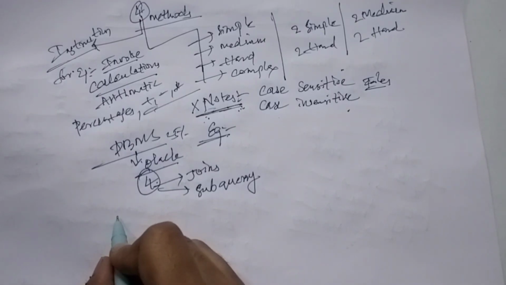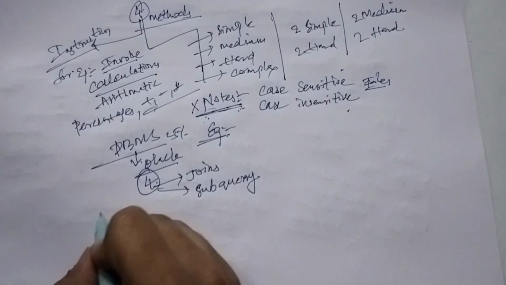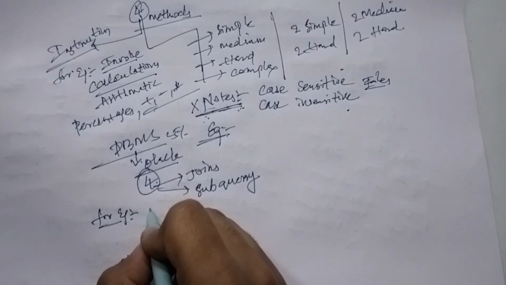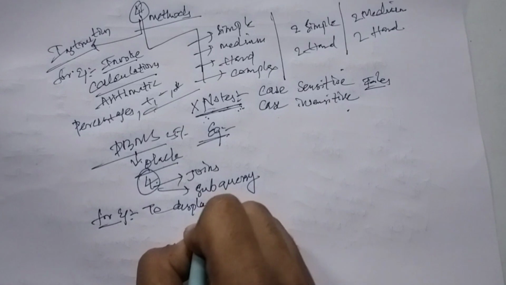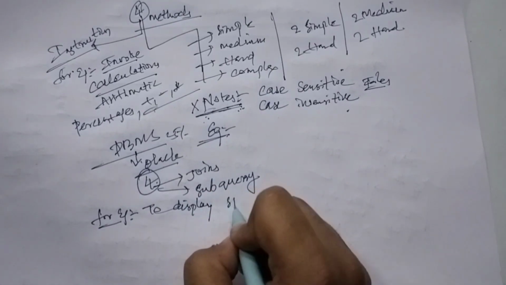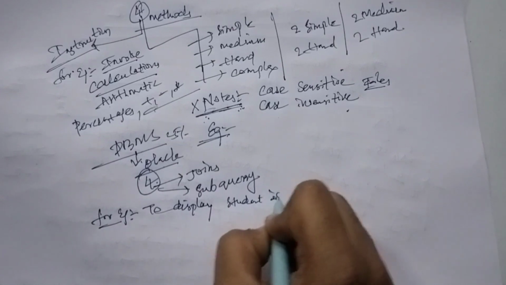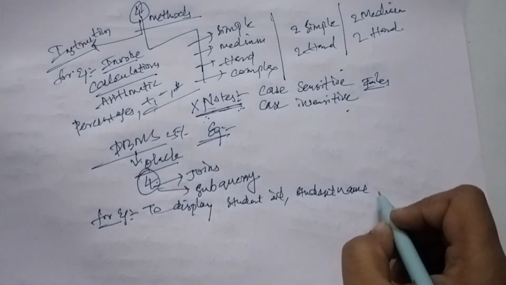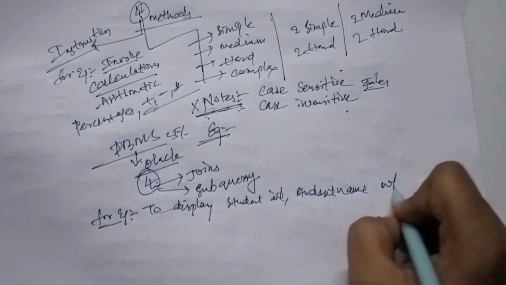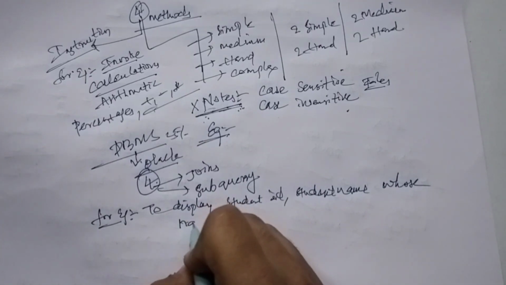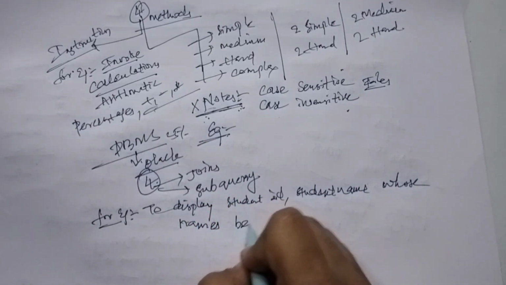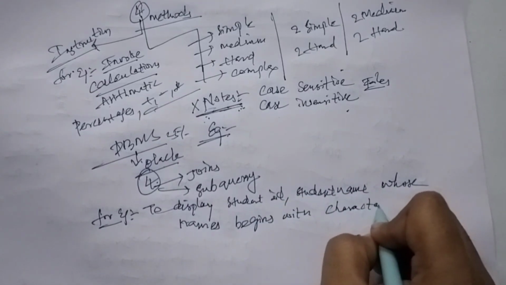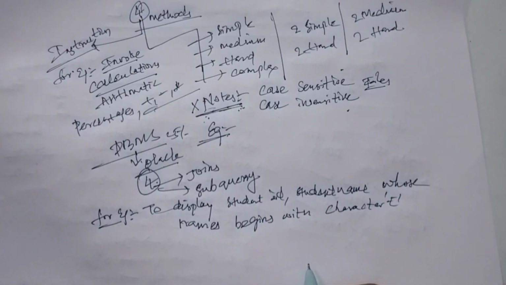I will give a simple example here. For example, I will ask a query like: write a query to display student ID, student name whose name begins with character E. So how can I write the query?